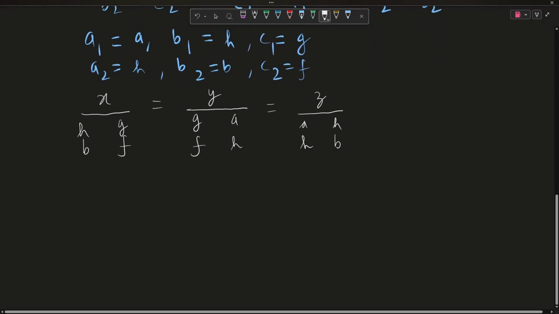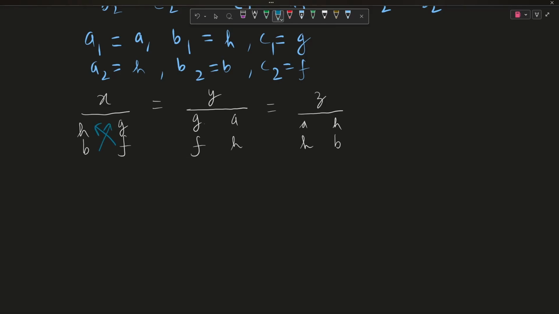We can solve it with the help of cross multiplication, as the name suggests. So multiplying them diagonally, we can get our answer in the denominators.